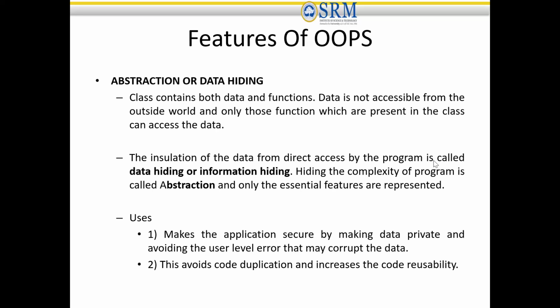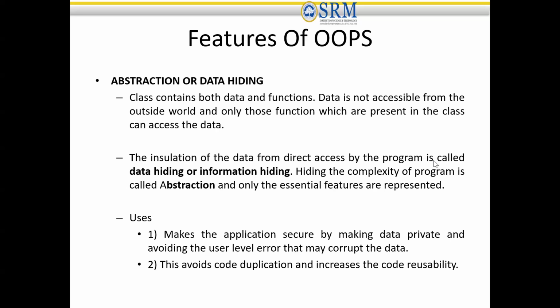Data is not accessible from outside, and only those functions which are present in the class can access the data. That means within that class, a private data member can be accessed. The insulation of data from direct access by the program is called data hiding or information hiding. That is, protection of data from direct access by the program is called data hiding or information hiding.